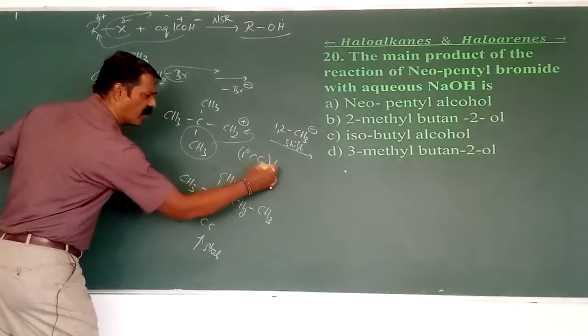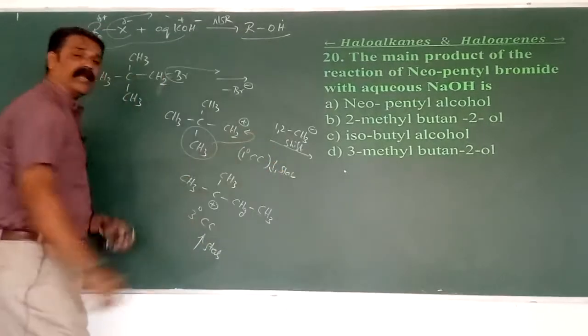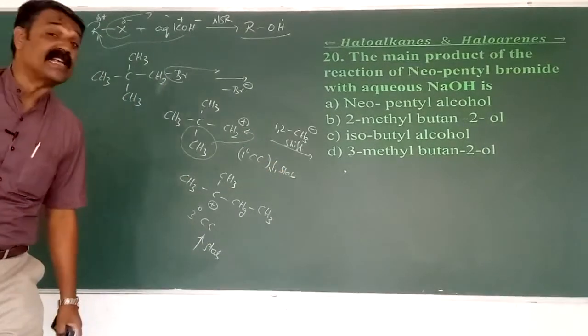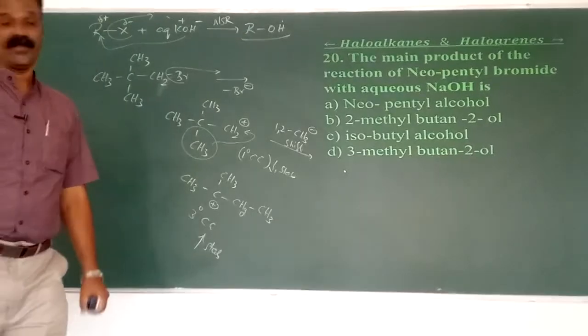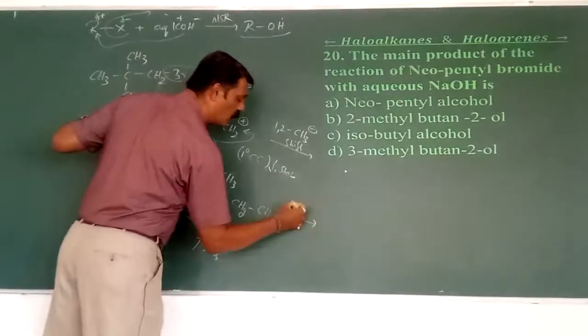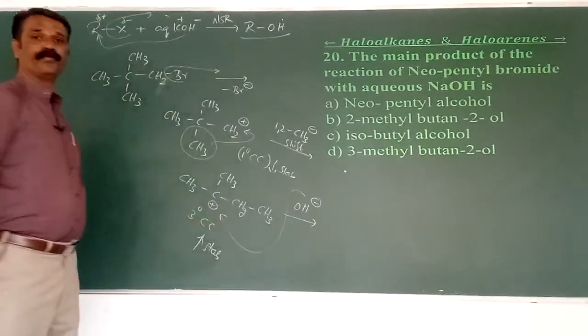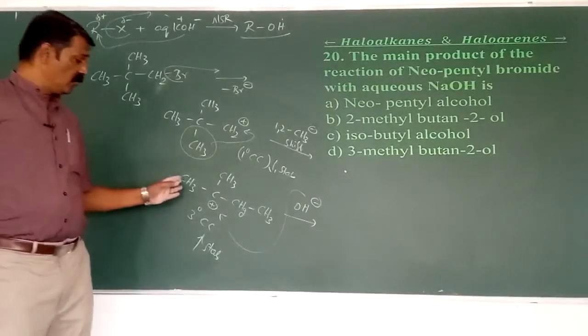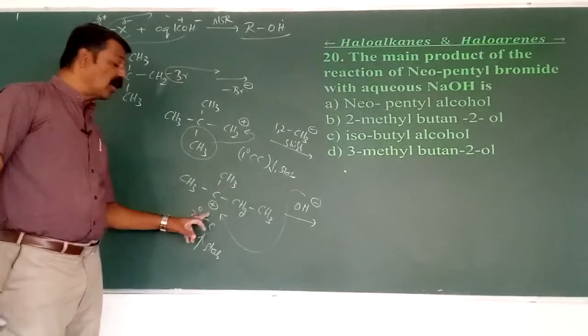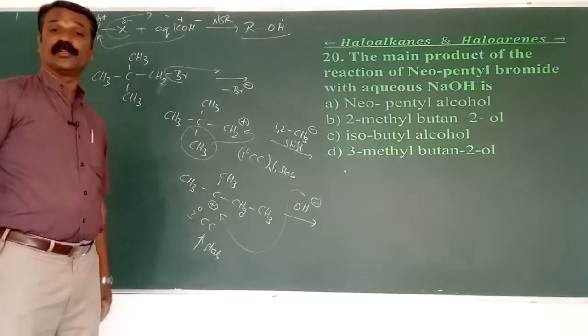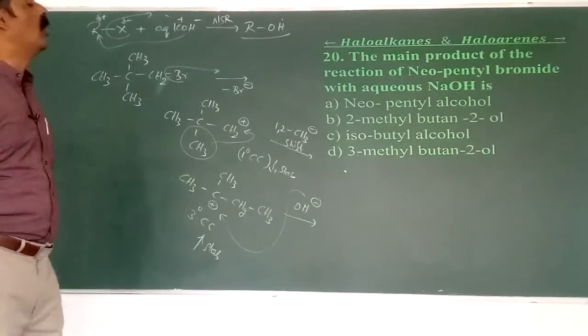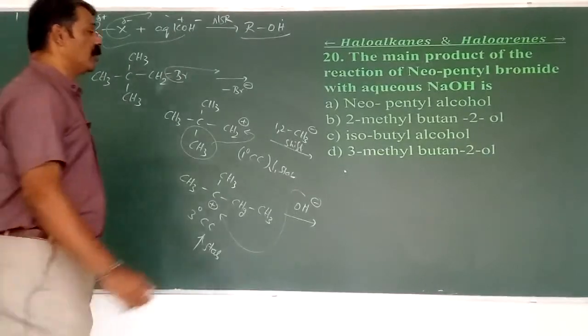Means we are converting the less stable carbocation into a more stable carbocation by the CH3 shift. Now there is an attachment of OH minus, a direct attachment. What's the product here? 1, 2, 3, 4 butane, with alcohol at the second position and methyl at the second position. Therefore it is called 2-methyl-2-butanol.